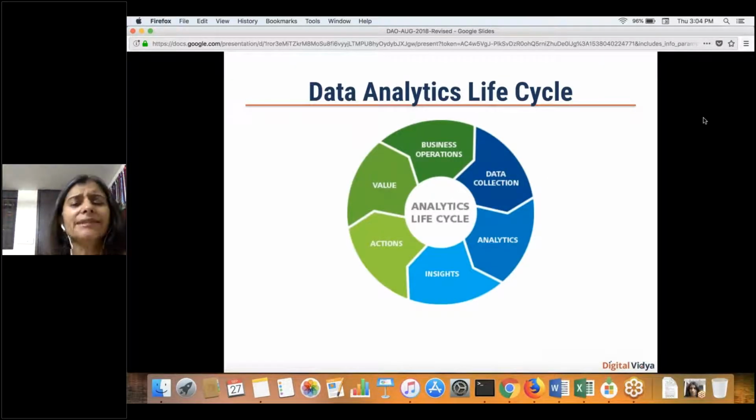A typical life cycle of data, as I said, needs to start with an understanding of that domain, of that business. For instance, if I was to use an example of cricket right now, many of you will get it instantly.